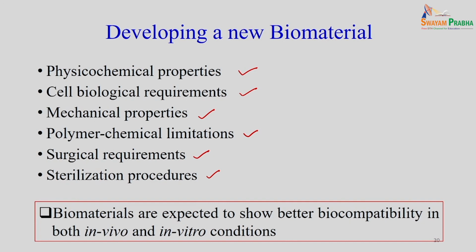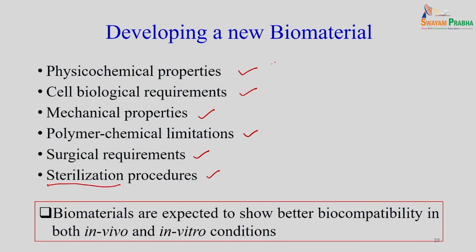So, we have to make sure that before the implantation the material is sterilized. You have to find what the sterilization procedure should be without affecting the surface as well as the bulk property of the material, to avoid bacterial contamination or pathogens. So, we have to consider all these while designing or developing a new biomaterial.